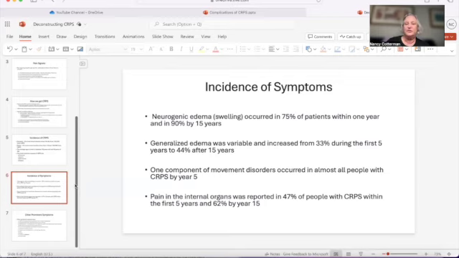One component of movement disorder occurred in almost all people with CRPS by year 5. Pain in the internal organs was reported in 47% of the people with CRPS within the first 5 years and 62% by year 15.